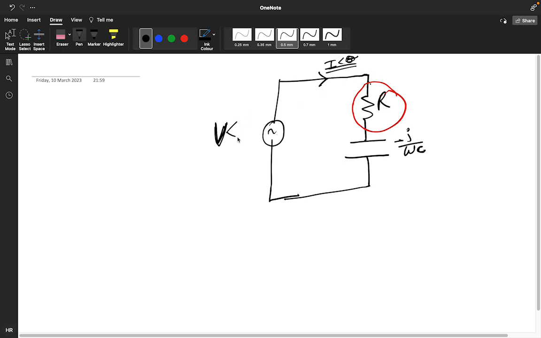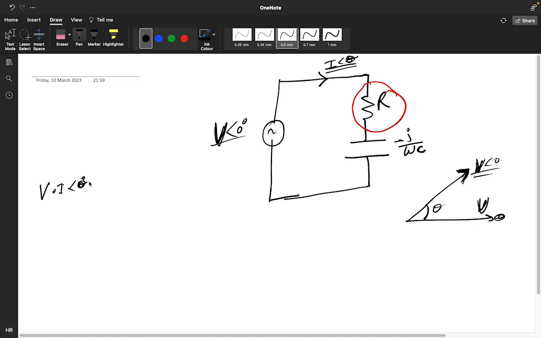So I am taking the voltage as 0 degree, and the current will lead by some particular angle theta. So V into I at an angle theta, since the voltage is 0, it will be theta only. It will give you the overall power, which is called the apparent power.